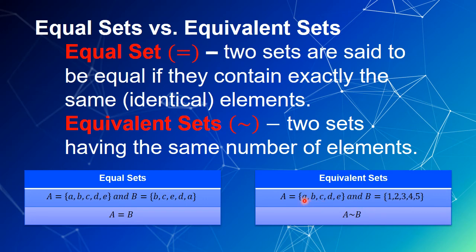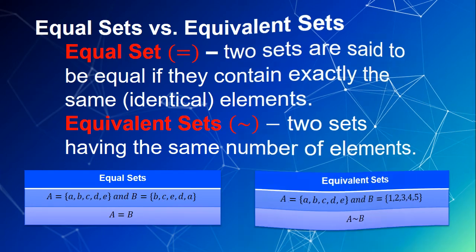However, if you count the number of elements in sets A and B, they both have 5 elements, because 1, 2, 3, 4, 5, and in set B we also have 1, 2, 3, 4, 5. So both have the same number of elements, 5 elements contained in these two sets. So in this case, we can call these equivalent sets.